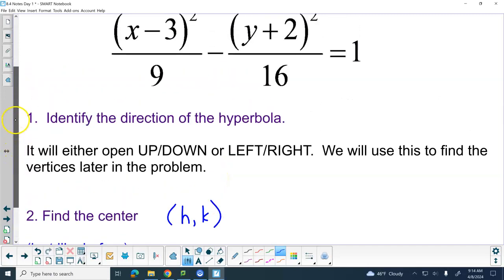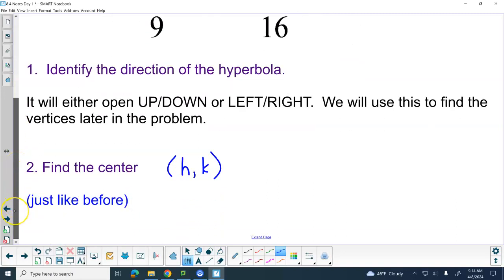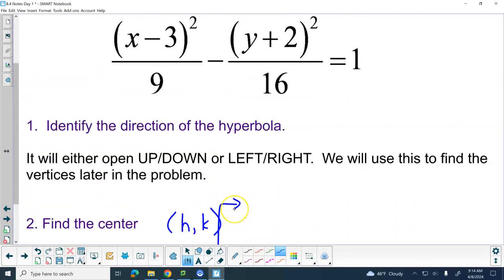So where would the center of this particular hyperbola be? At 3 comma negative 2, correct.